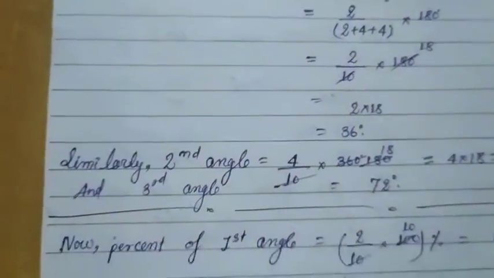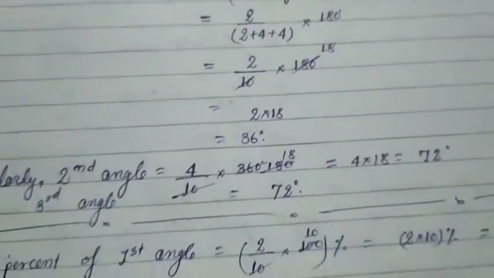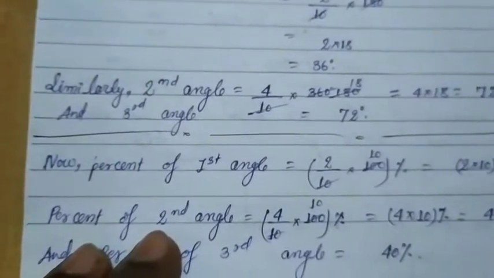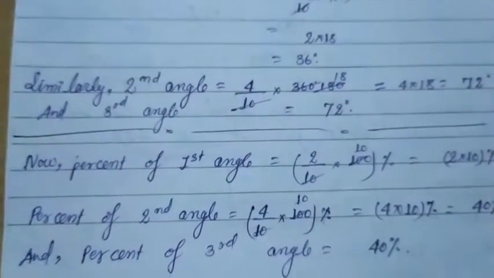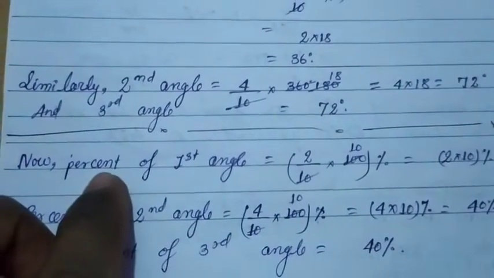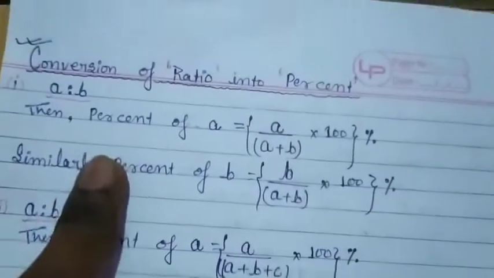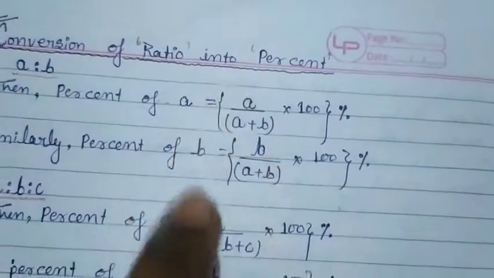So the angles are 36, 72 and 72. But the second portion of this question is related to our current topic, that is conversion of ratio into percent.